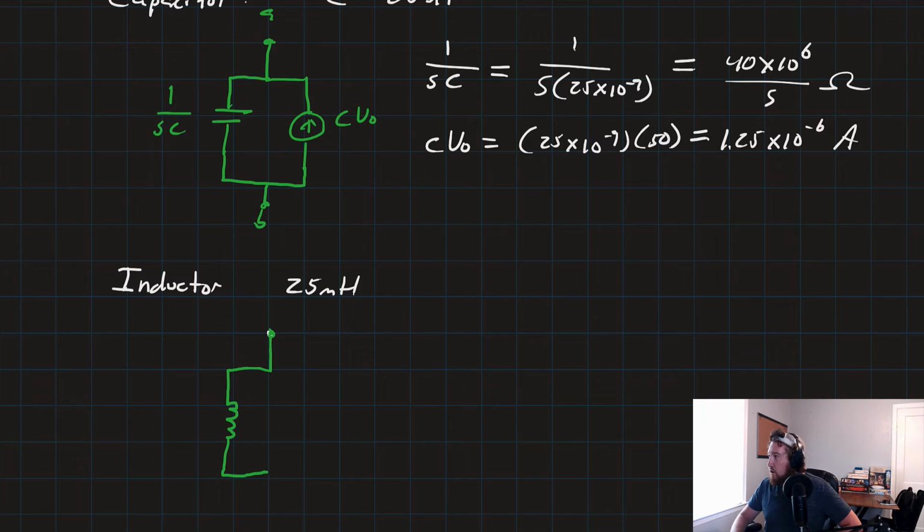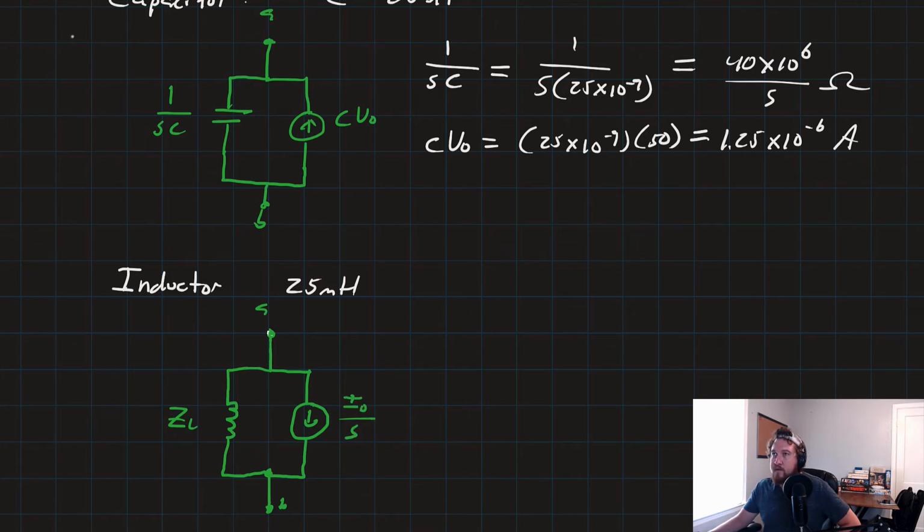We'll go ahead and have the ZL. And remember, current flows with the inductor in parallel when you transform it. And that's going to be equal to, let me double check my notes, I naught over S.